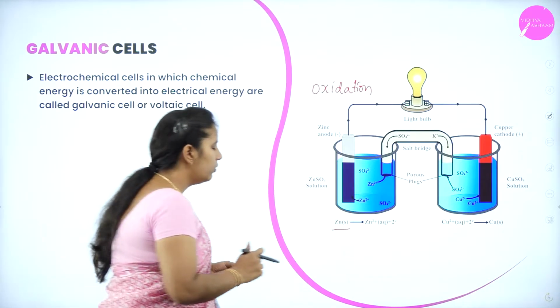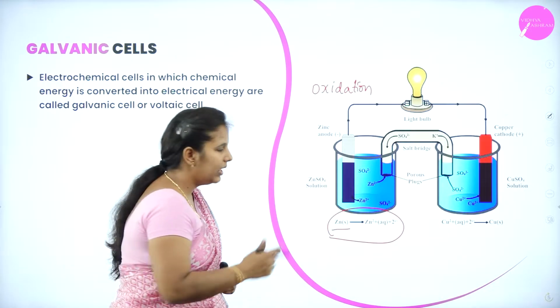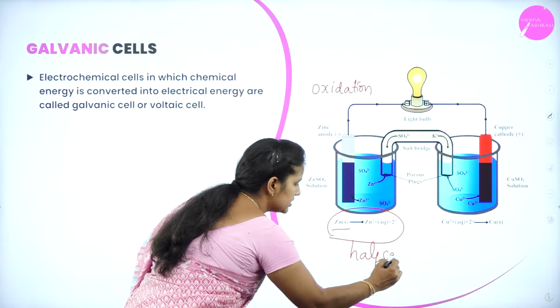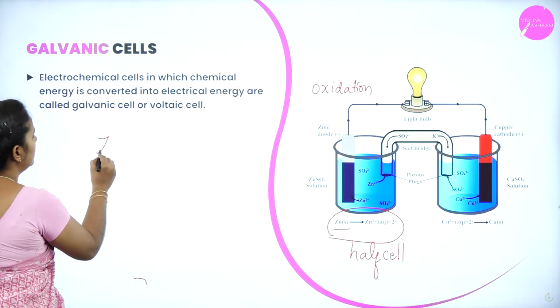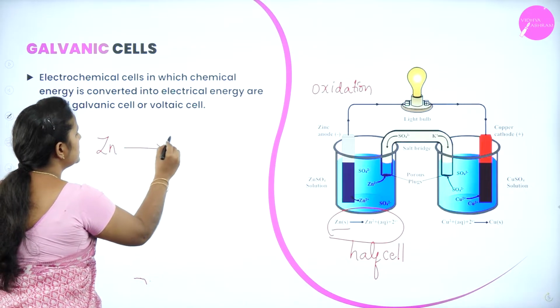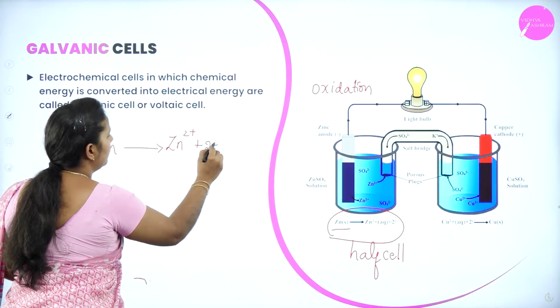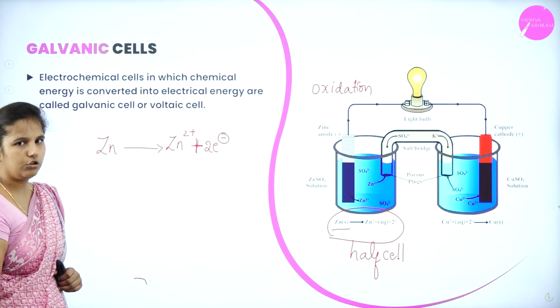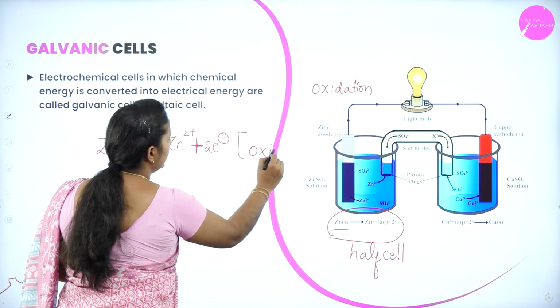And here the oxidation is taking place on one side only, hence it is known as a half cell reaction, where the zinc loses its 2 electrons and becomes Zn2+. So it undergoes oxidation.